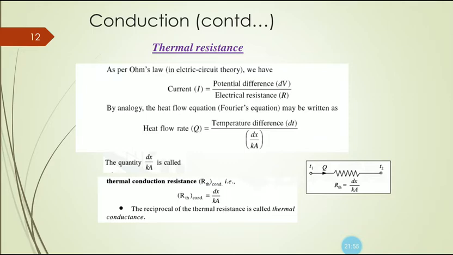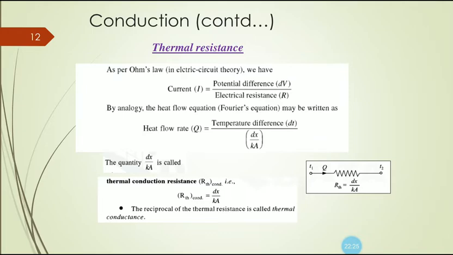Now what we can see is that the quantity dx by k is known as the thermal conduction resistance. How did we get this? It is basically that we have compared these two different equations.